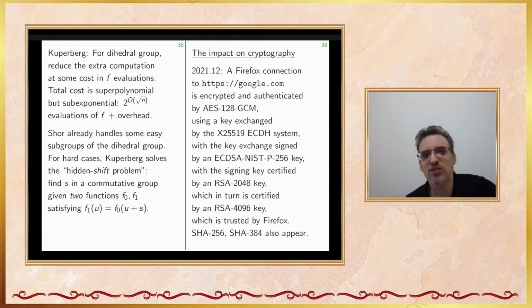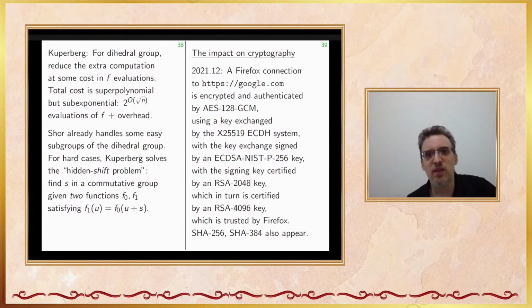Anyway, Firefox to Google a few days ago was using the following. First of all, the encryption is using AES-128. And that's what's encrypting all your data. All the data back and forth to Google is encrypted using AES-128 with some 128-bit secret key. It's also authenticated so that the attacker can't change anything.